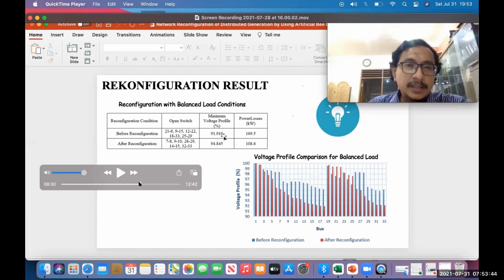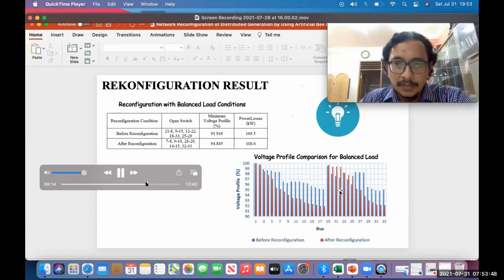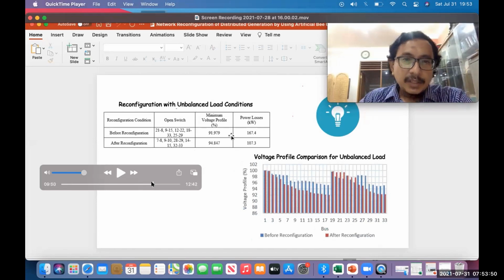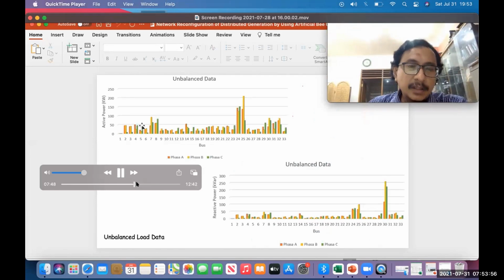91.916%, and recovery condition is 160. Maybe we can see in here, sir. This is for the unbalanced load data.